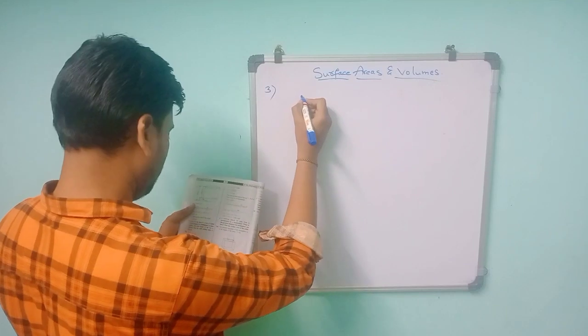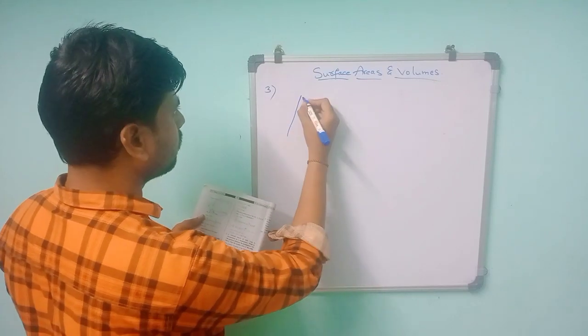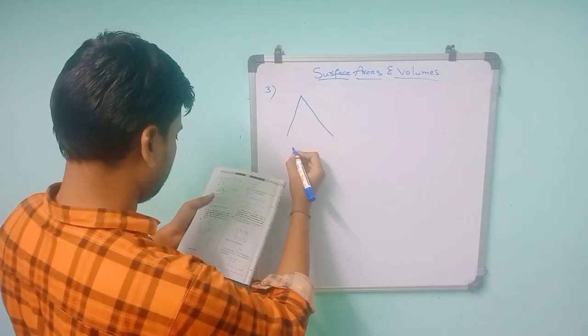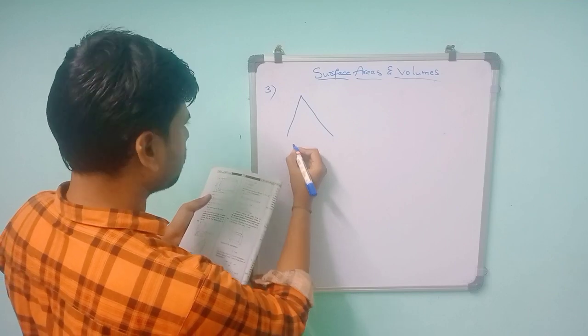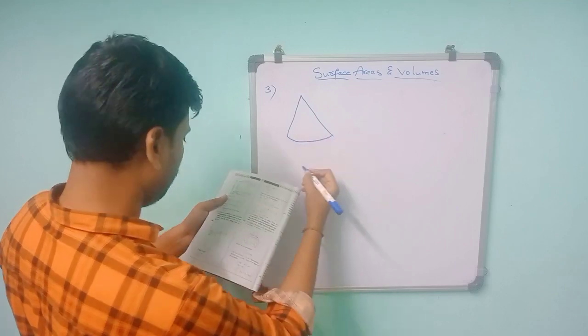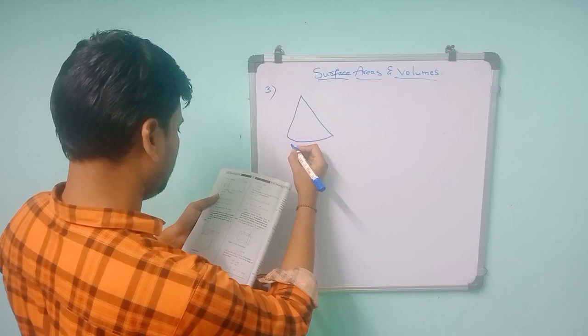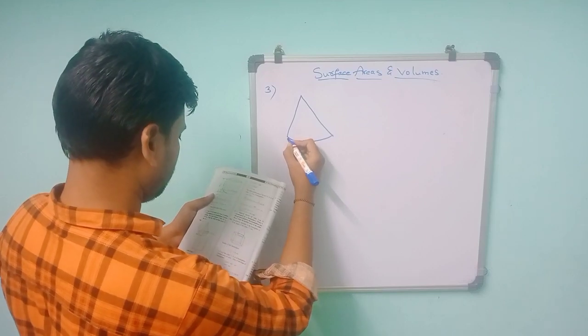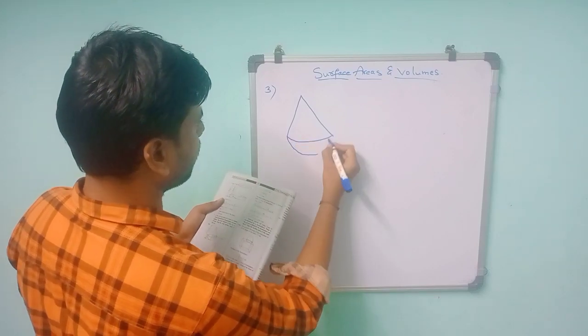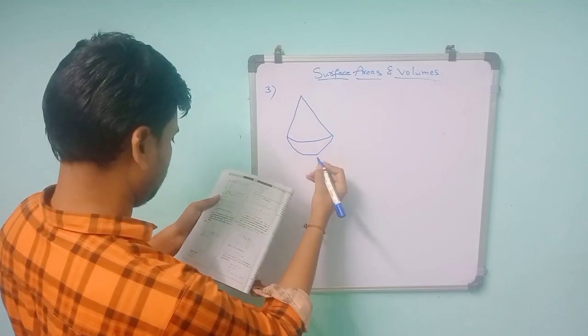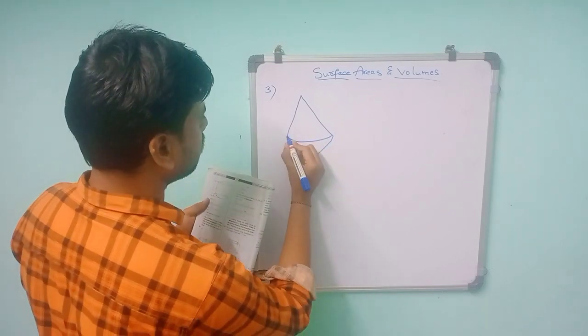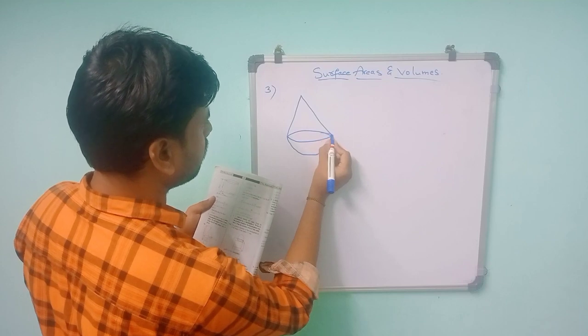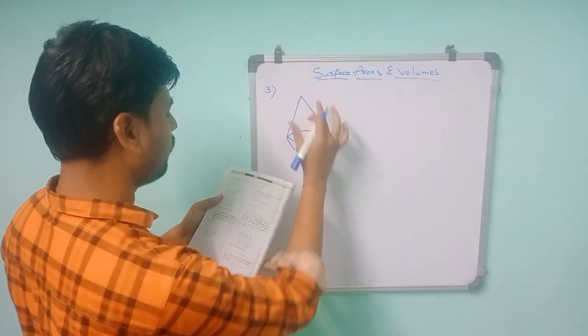So this is the cone, then it is joined by a hemisphere. So this is the hemisphere, this is the cone.